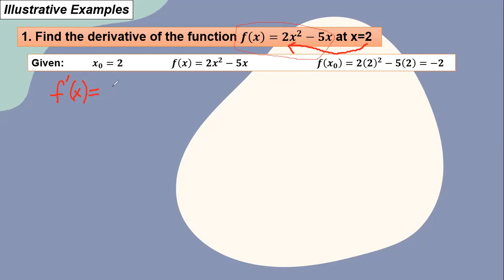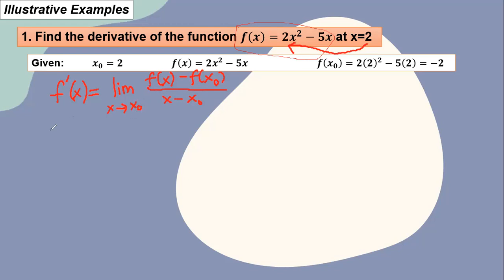Okay, so the formula is the same as the slope. Compute the limit of f of x minus f of x sub 0 all over x minus x sub 0 as x approaches x sub 0 also.